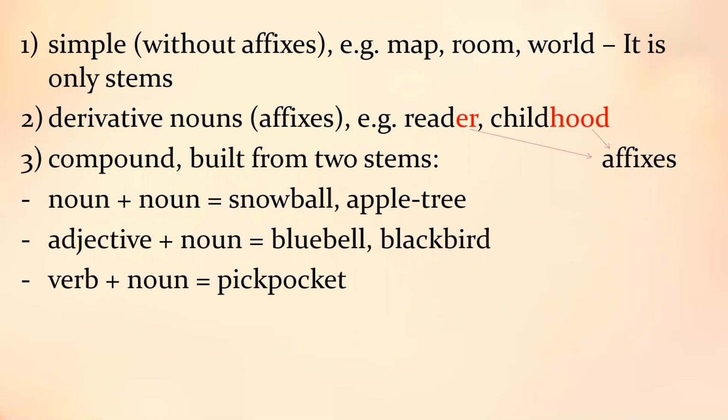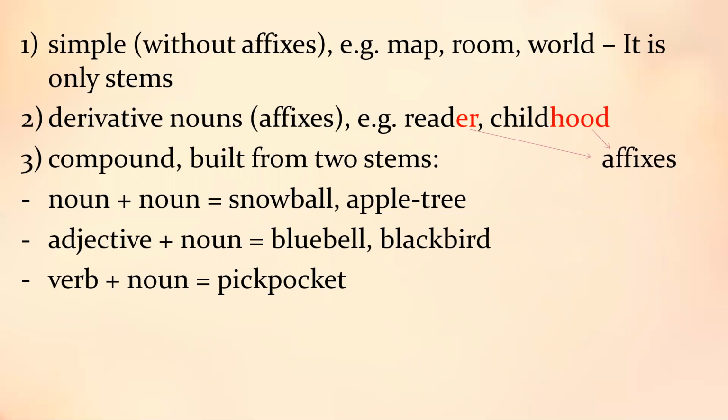And derivative nouns are those nouns which have a stem plus affixes. In our case, for example, read as a stem and er as an affix form the noun reader. Or in the next sample, childhood: hood is an affix, and child is a stem.